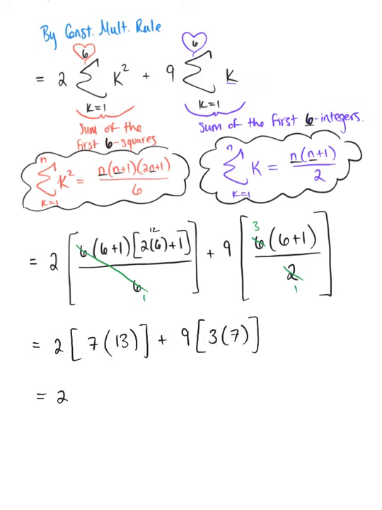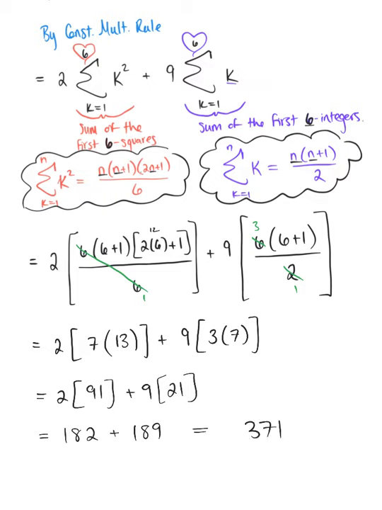So we have 2 multiplied by 7 times 13 is 91, plus 9 times 21. So we have 2 times 91, which gives us 182, plus 9 times 21, which is 189, for a beautiful final answer of 371.